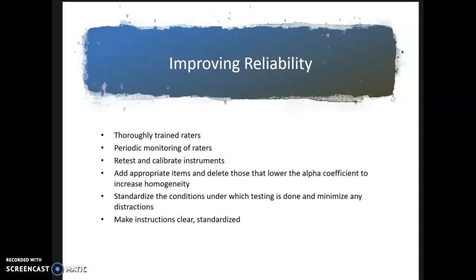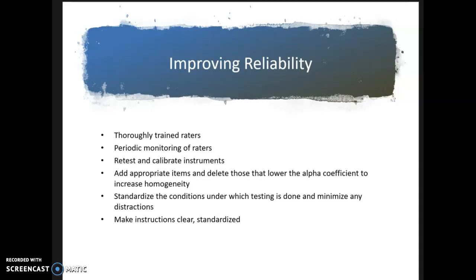Calibrate instruments, and that's as simple as calibrating scales in practice, making sure that scale is reliable as far as measuring the same weight, the same time. That's why it's so important to have folks weigh on the same scale all the time, because that incorporates that reliability that a different scale may measure a little different.